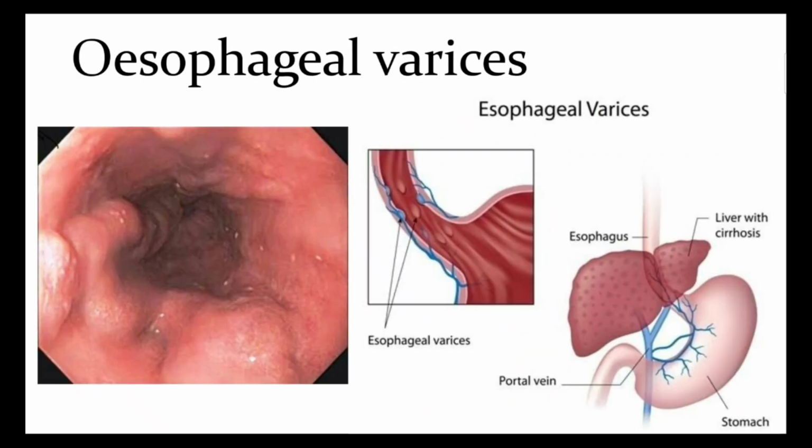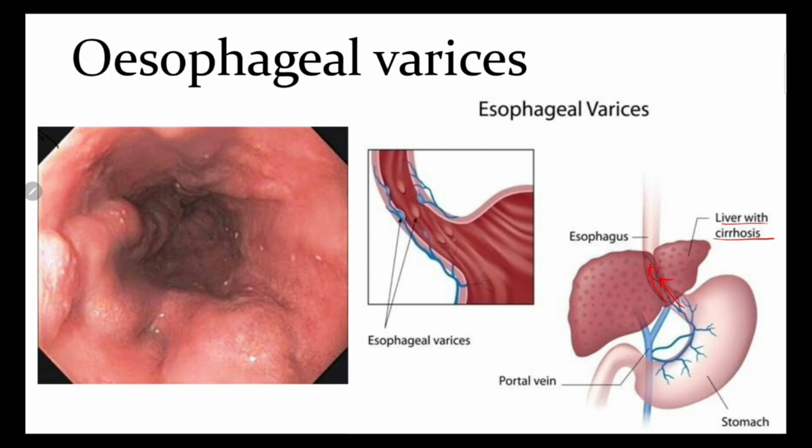Next is another clinical correlation of the esophagus, that is esophageal varices. The lower end of the esophagus is one of the important sites of portocaval anastomosis. In portal hypertension, for example, due to liver cirrhosis, there is back pressure in the portal circulation.